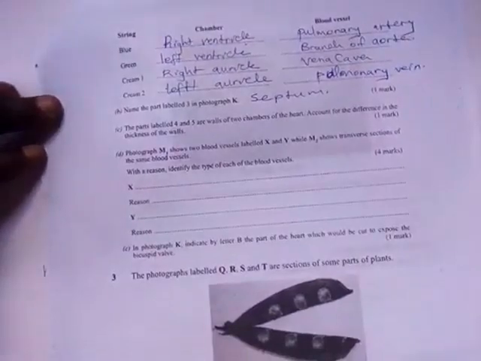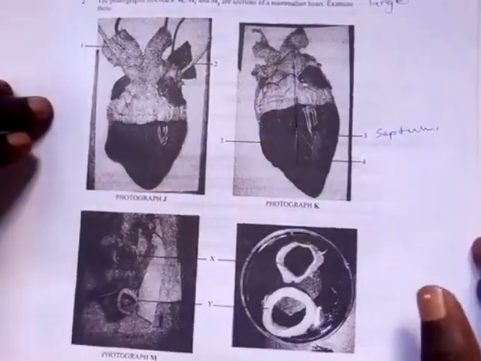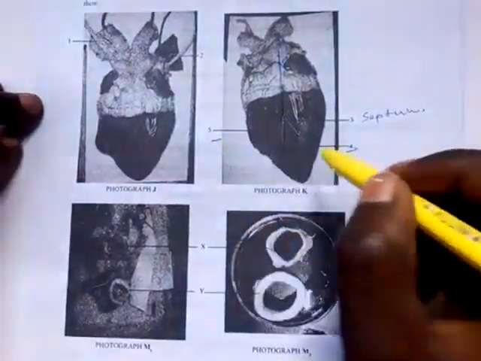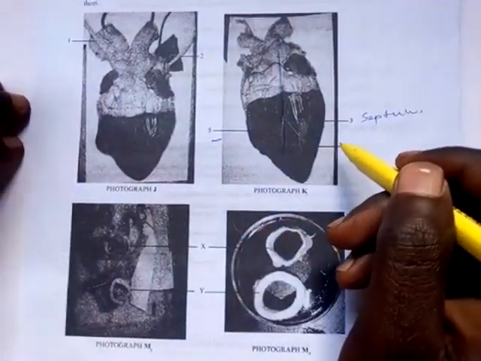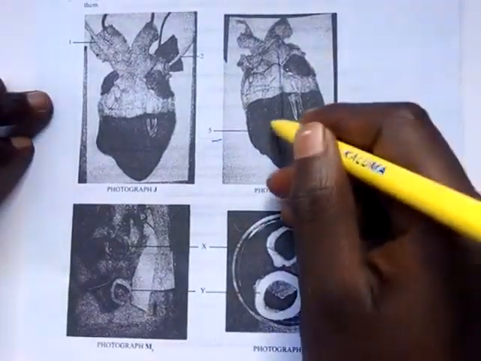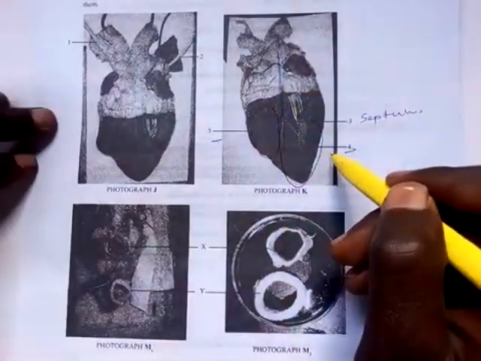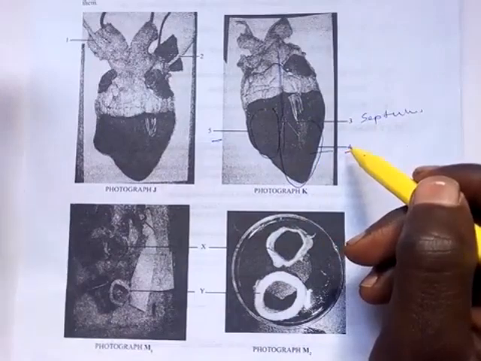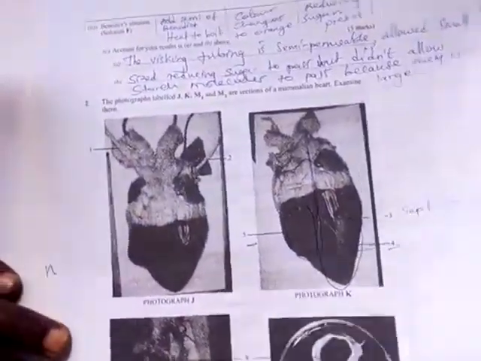And then you are told in C, the parts labeled 4 and 5 are walls of the 2 chambers of the heart. Account for the difference in the thickness of the walls. So you can see 4 is very thick compared to this one. Why? Because this pumps blood to all parts of the body. That's the reason for the thickness.